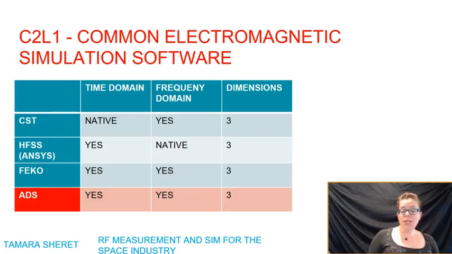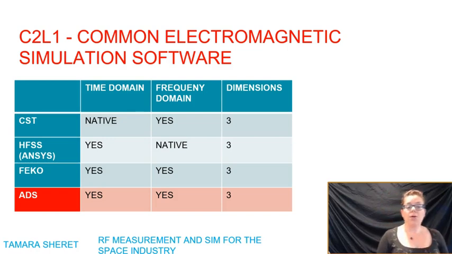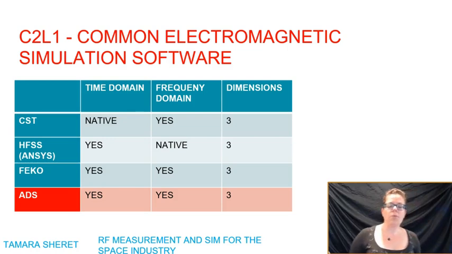So the common packages and the names that you're going to hear bandied around, you've got CST, you've got HFSS, you've got FICO, and you've got ADS. These packages are evolving all the time. There's a rapid growth in this domain at the minute, and it really is like year on year they're improving amazingly well. You'll find CST is very prevalent in universities because they give their licenses away for free to universities.